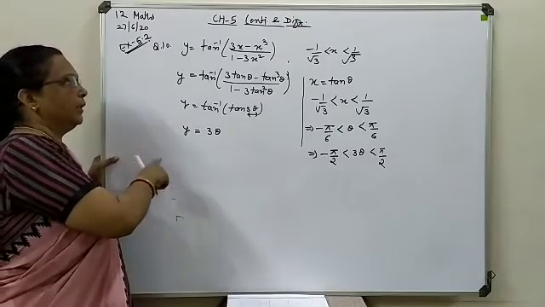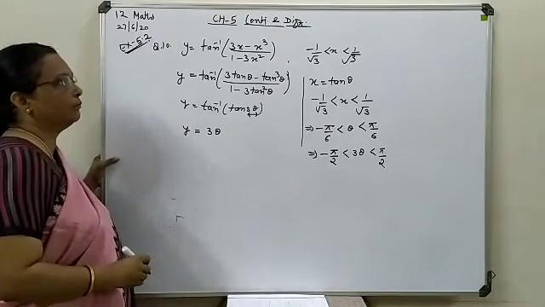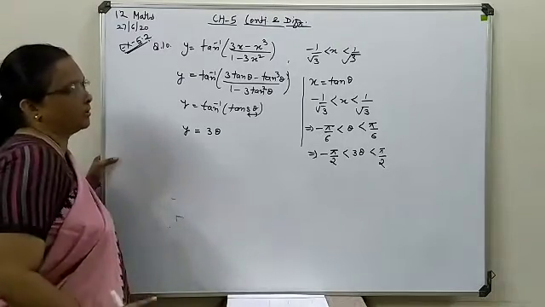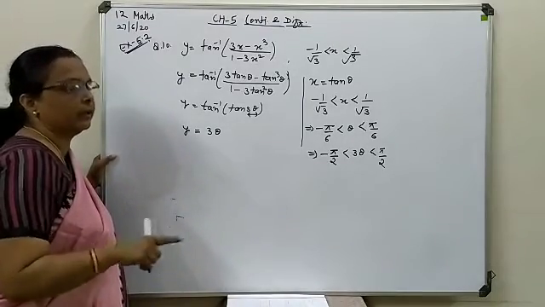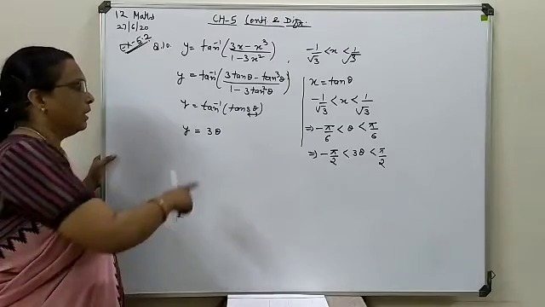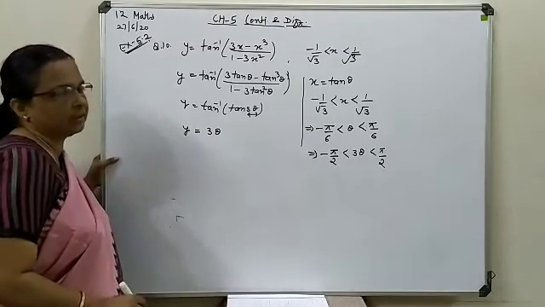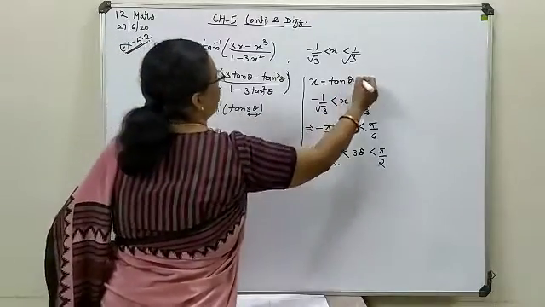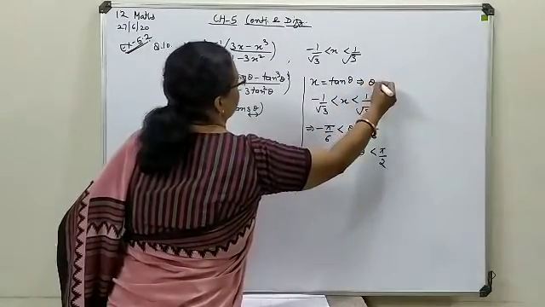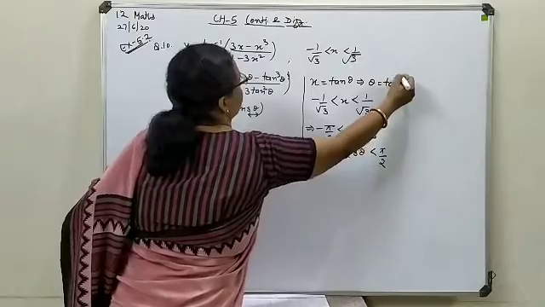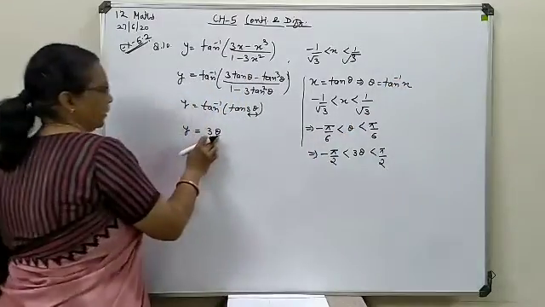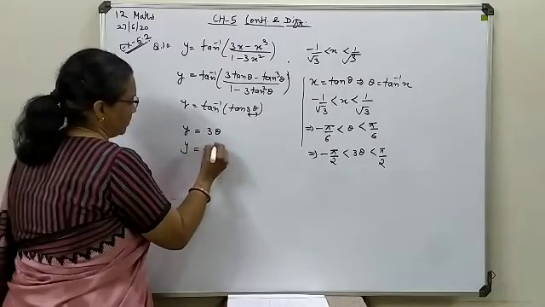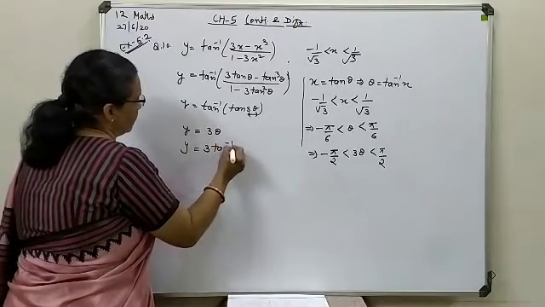Normally if your question is in the form of x and you have converted it in terms of theta, before writing the derivative with respect to x, this theta you have to convert in terms of x. So what we supposed in the beginning, x as tan theta, means theta is tan inverse x.